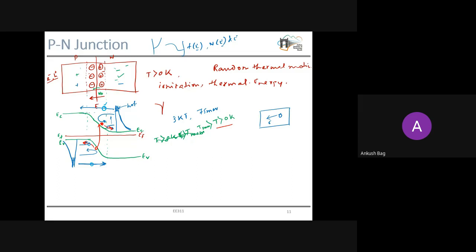There is a diffusion due to the thermal energy of carriers, and there is a drift due to the built-in potential, and these two cancel each other out, and that is why we will not get any current under equilibrium. So under thermal equilibrium there will be no current. This electron motion will cancel out this electron motion, and this hole motion will cancel out this hole motion. So drift and diffusion cancel out, drift and diffusion cancel out.